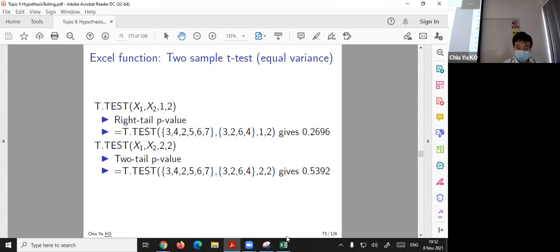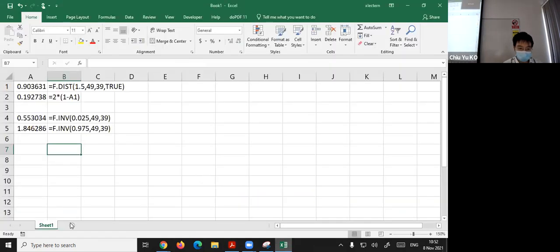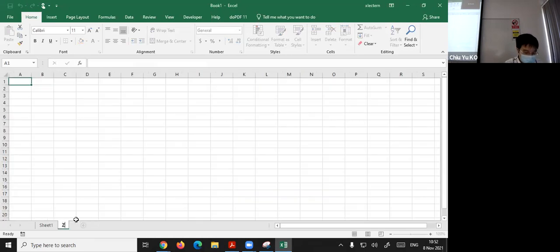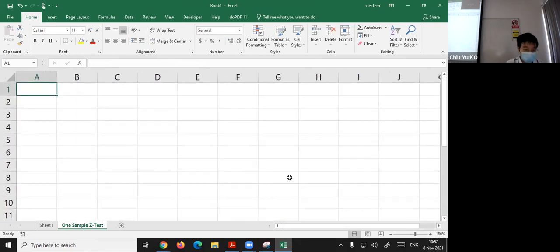Just to remind you how to do the Z test very quickly, we do the one sample Z test first. Remember how we do it, because it seems it has been quite a while.